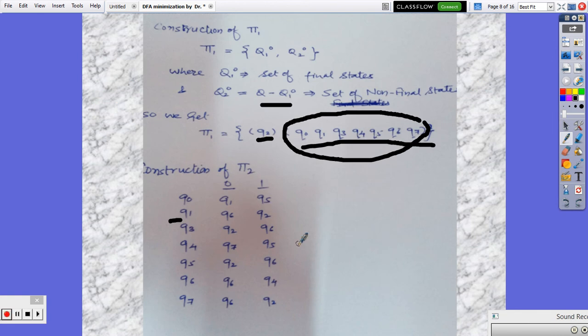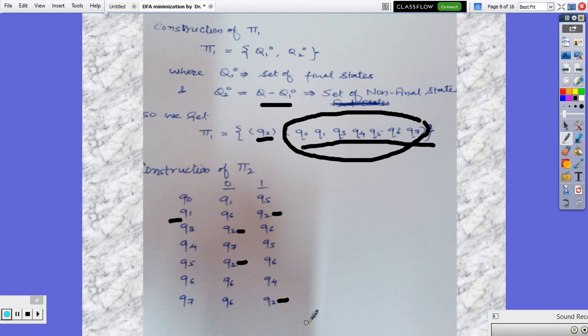Now what I will see here is whether any state we are reaching does not belong to this set. Here Q2 is the only state which does not belong to this set. So I will identify the transitions that are reaching Q2. Here is Q2, here is Q2, and here is Q2.